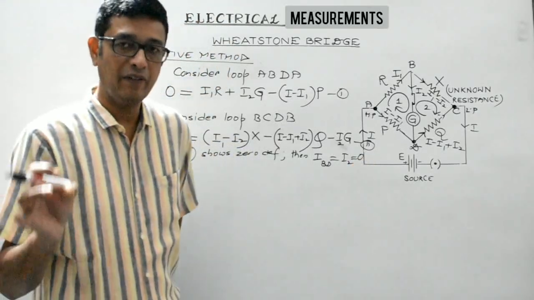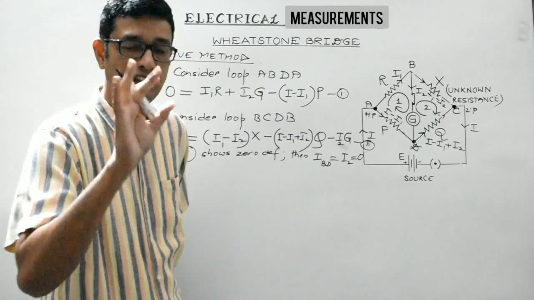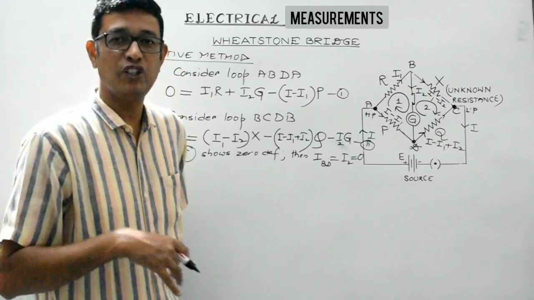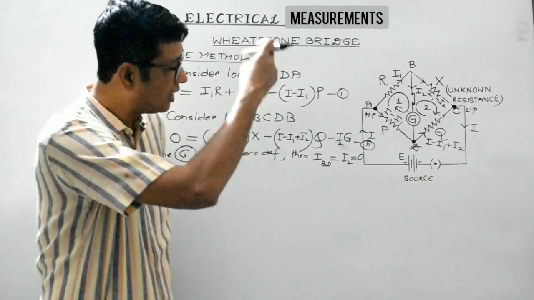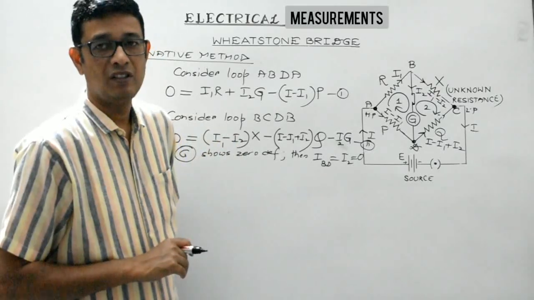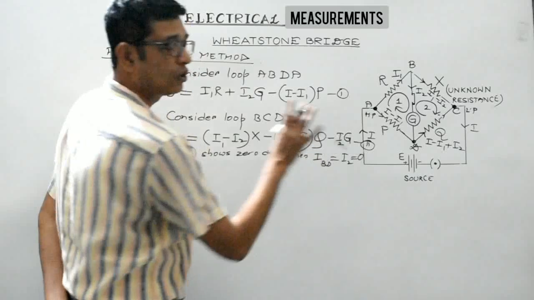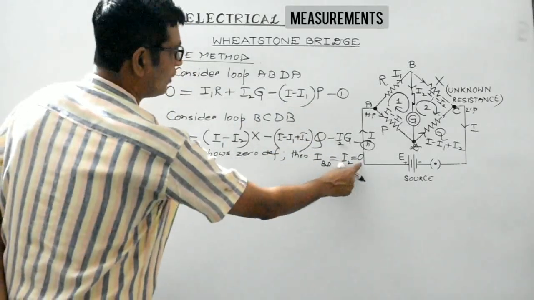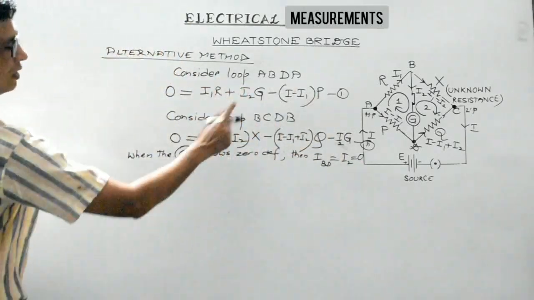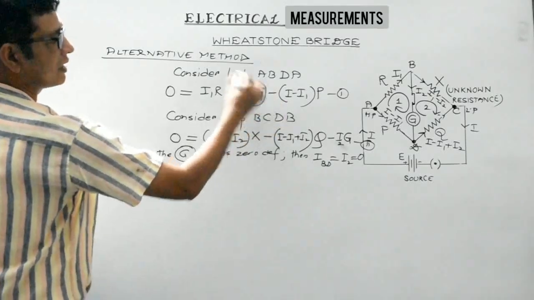We are deriving the condition when the bridge is balanced. And students, the bridge is balanced only when no current flows through the galvanometer. Since no current is flowing through the galvanometer, so I2 will be equal to 0. So substitute this value of I2 as 0 in equation 1. So if I2 becomes 0, this term gets eliminated.